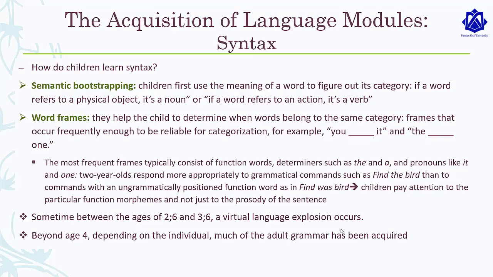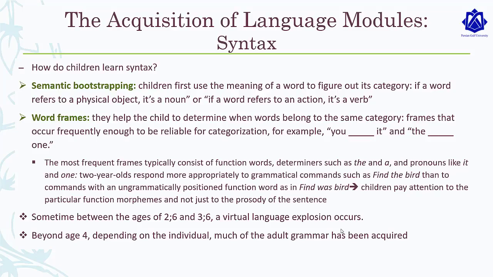The most frequent frames are the ones with determiners like the, that when they see this, they know that this is a constituent, a noun phrase, or when they have pronouns like it, one, then they know that before one, you might have an adjective, and they can use it, for example, because they know the object.